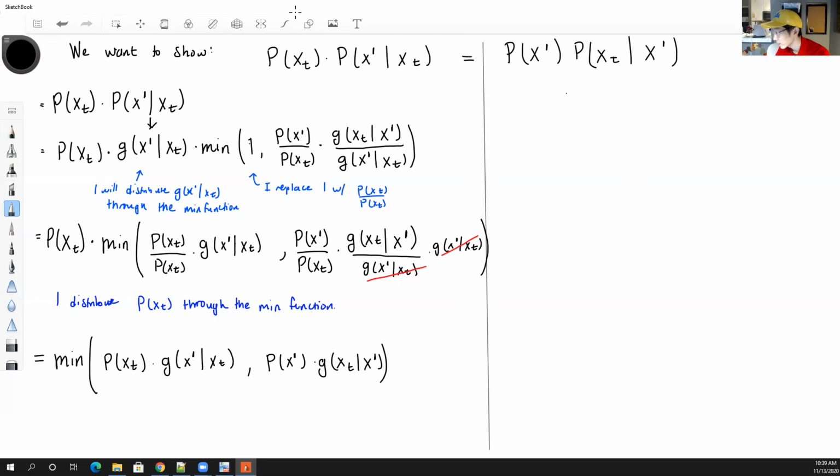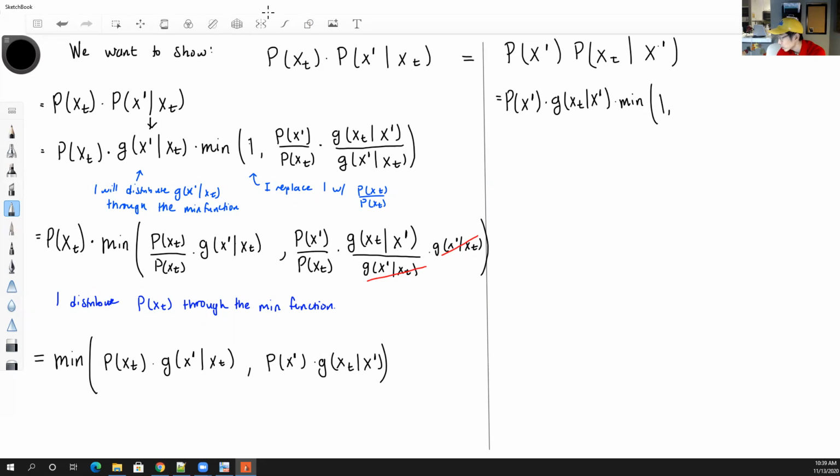All right, so I'm going to split this up. I'm going to have to write a little bit smaller. So on the right-hand side, I've got p of x prime multiplied by g of xt given x prime, times the minimum of 1 and the probability of proposing.